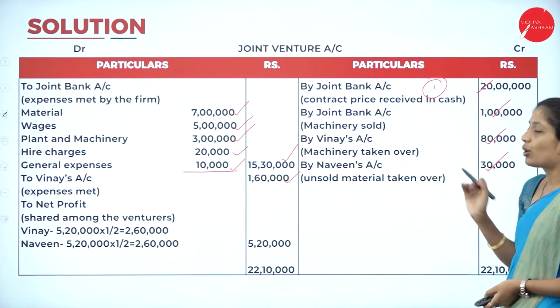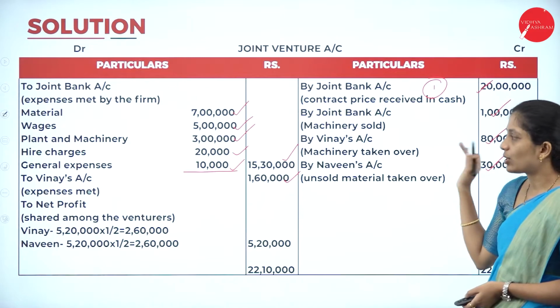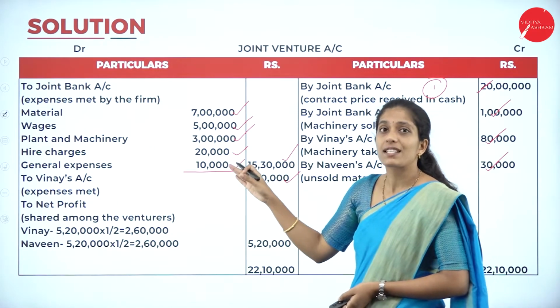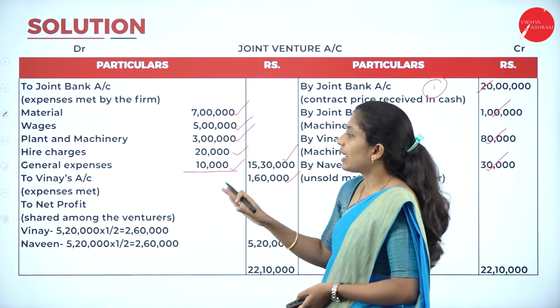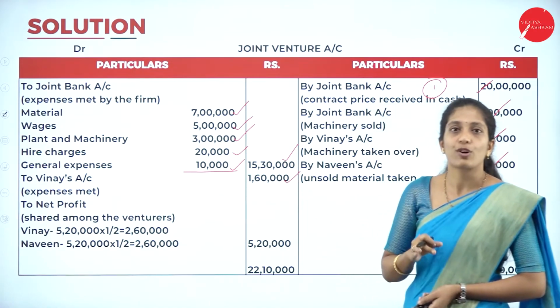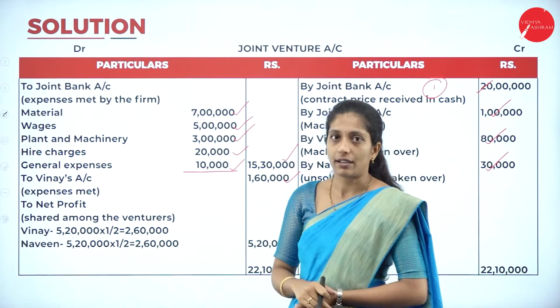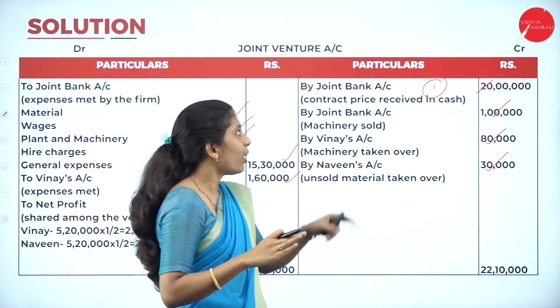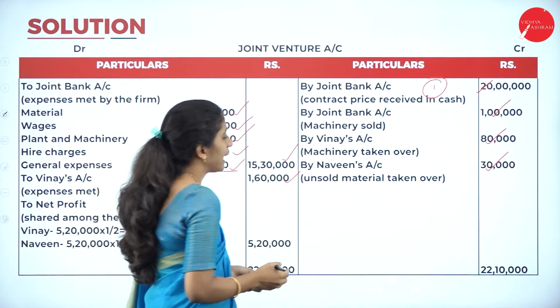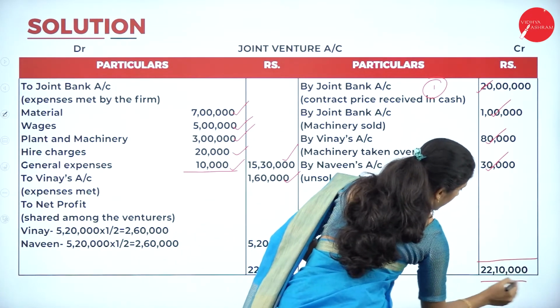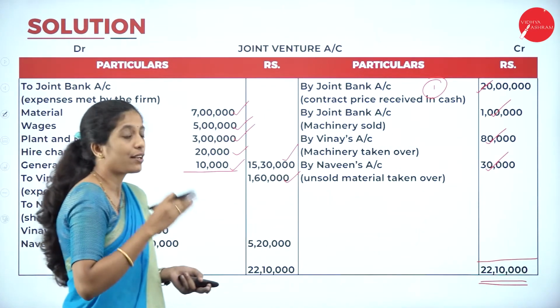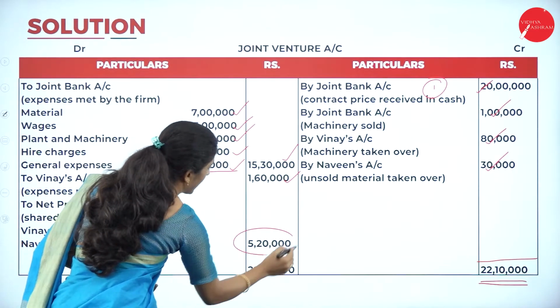Next, unsold material was taken over by Naveen. So we have recorded that. Next, expenses met by the venturer. Now, as usual, we have to balance both sides, and the balancing figure will be either net profit or net loss. Now, if you add all the items on the credit side, you'll get 22,10,000. Whereas on the debit side, you'll get a balancing figure of 5,20,000.